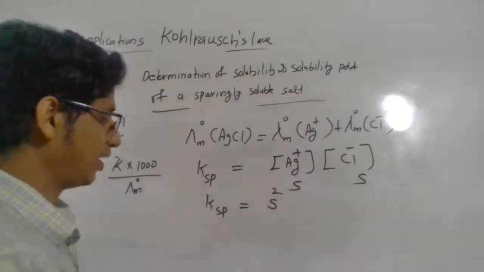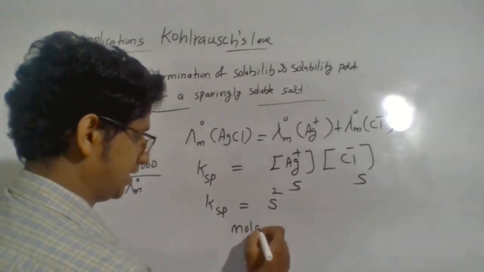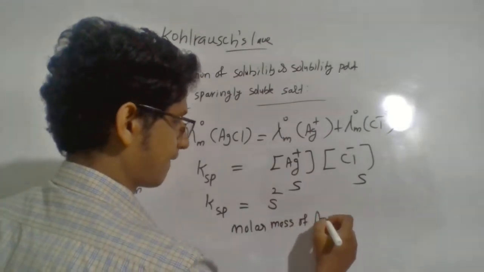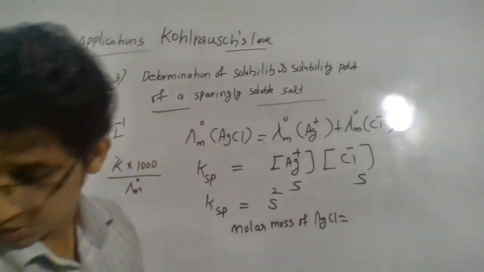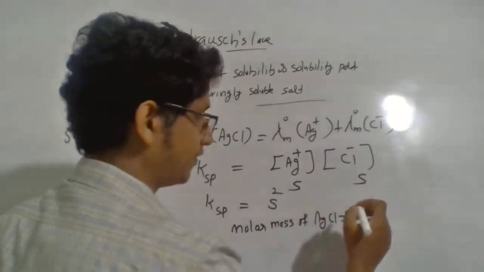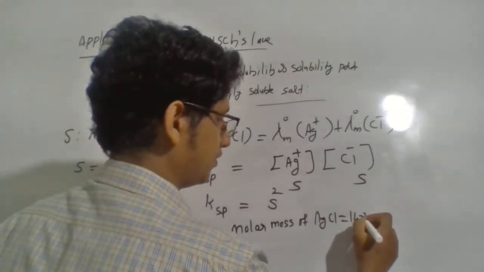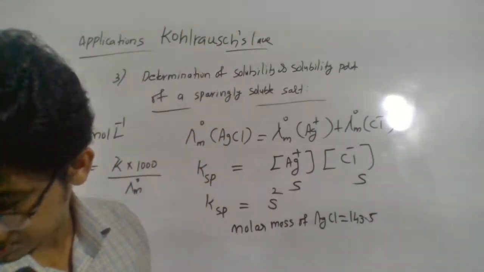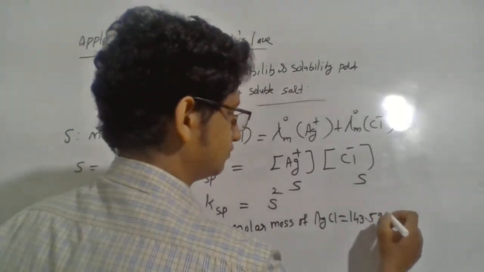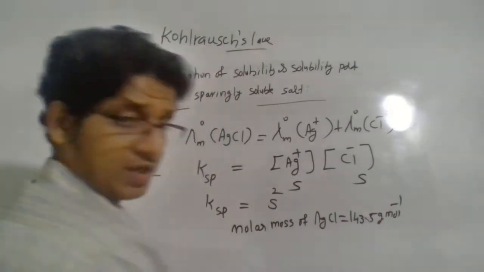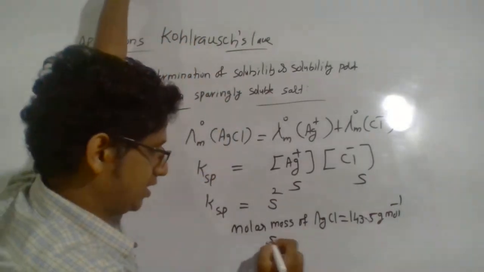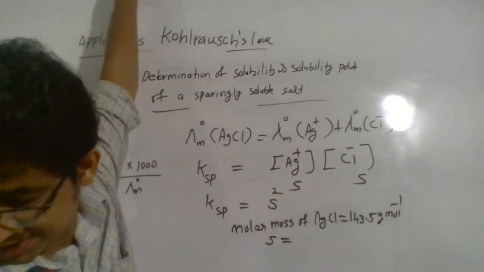Now the molar mass of AgCl is 143.5 gram per mole. If you have this value, you can express the solubility in terms of gram per liter.